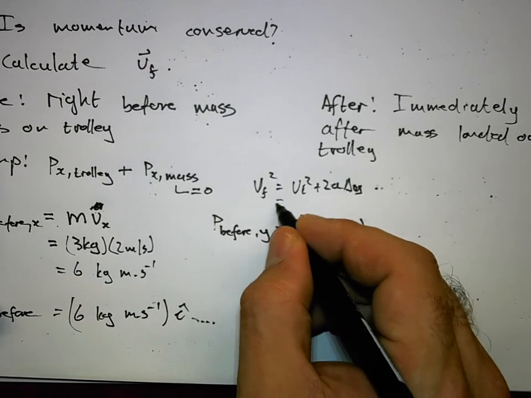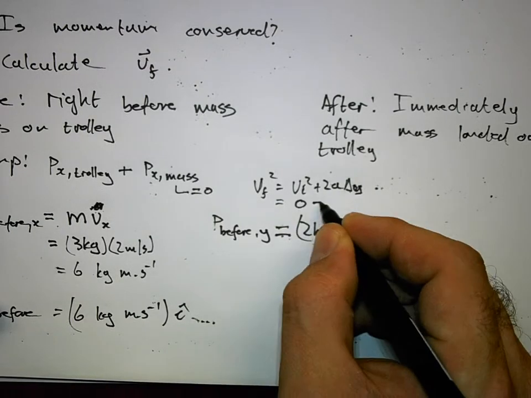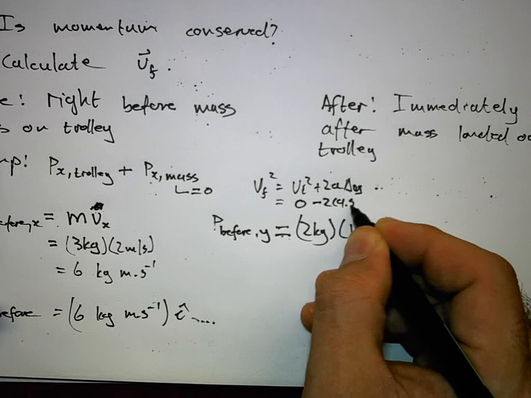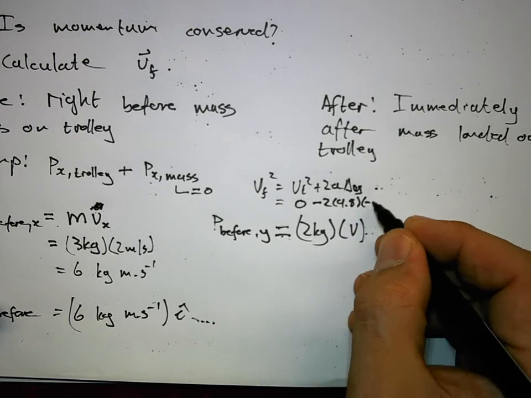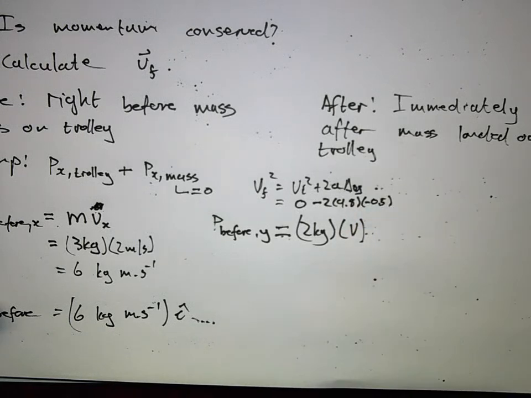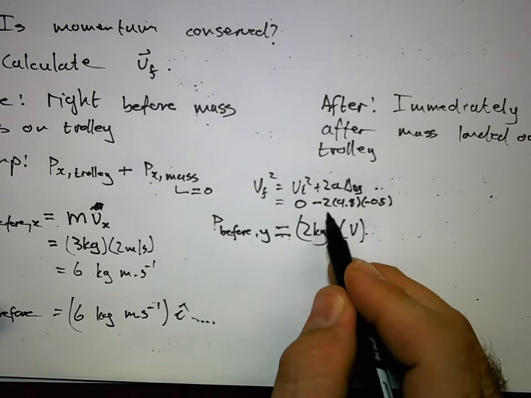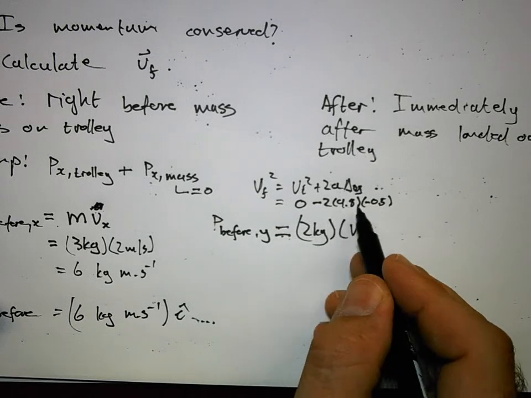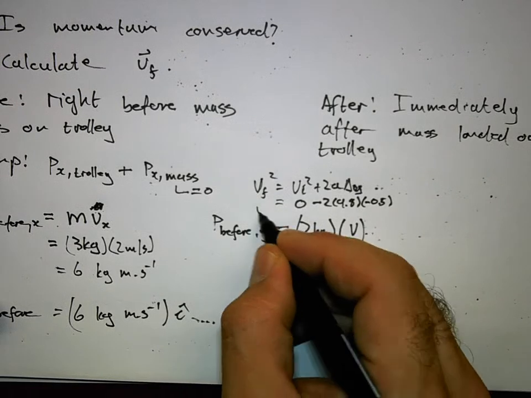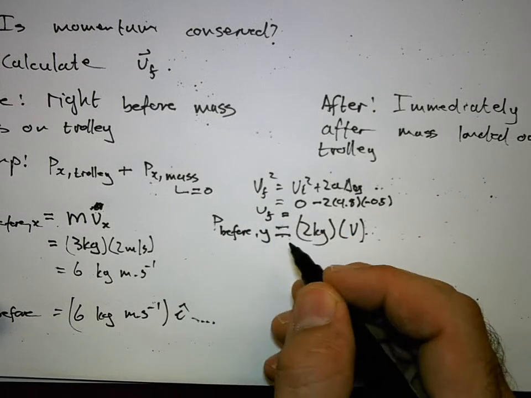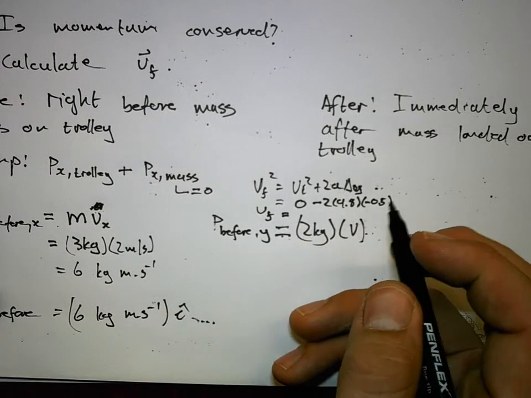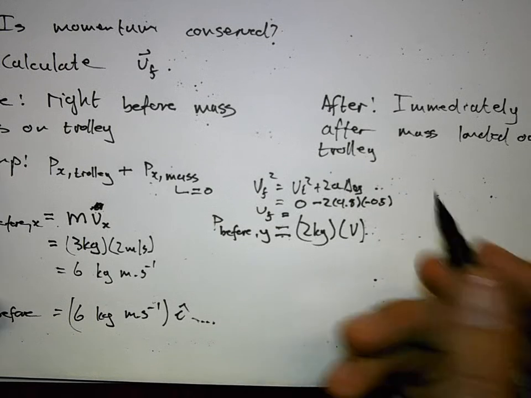So that becomes 0 minus 2 times 9.8, that's acceleration, times minus 0.5. So we find that the final velocity is equal to the square root of 9.8. And if you calculate that, you get 3.13 meters per second.